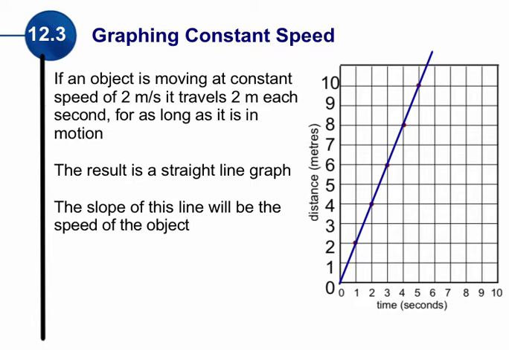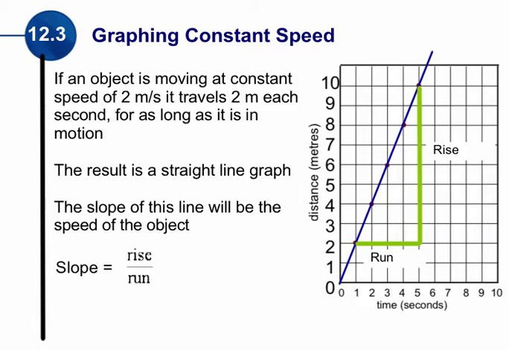Now the slope of this line will be the speed of the object. So if we want to calculate that speed, all we would have to do is find the slope. Find 2 points and find the rise over the run. Now it doesn't matter what 2 points we use, we can just use these 2 points and we see the rise and the run, how far up it goes, how far over to the right it goes.